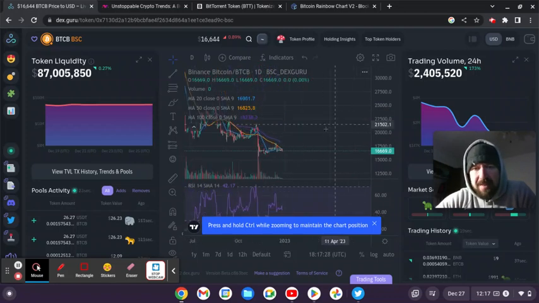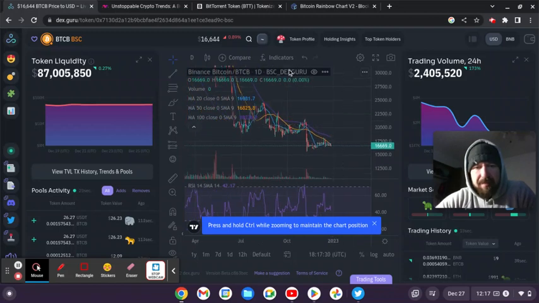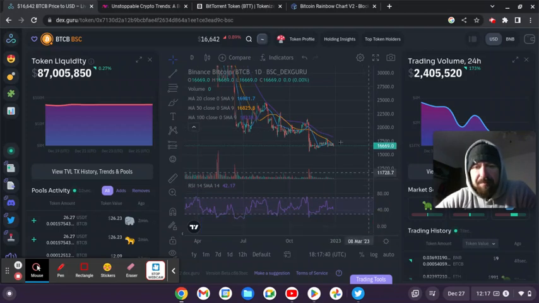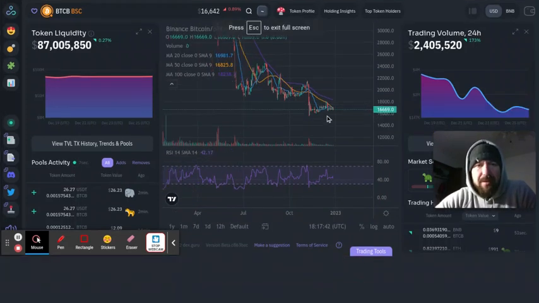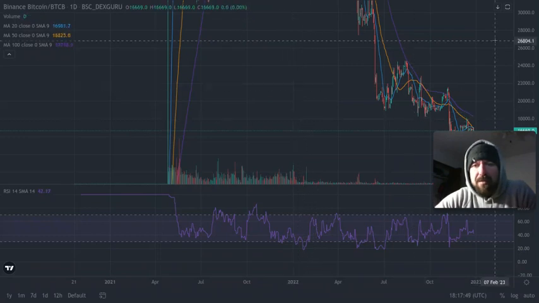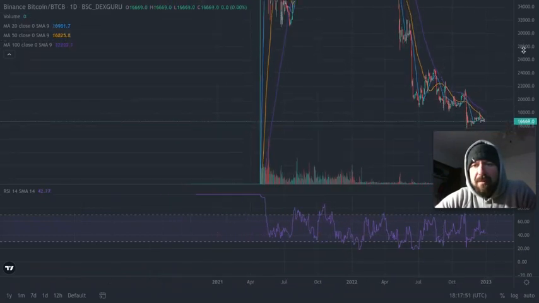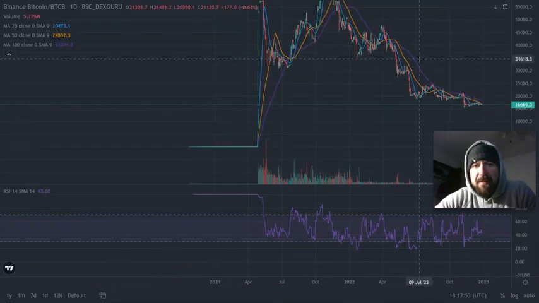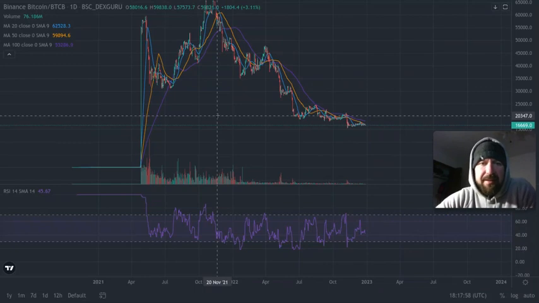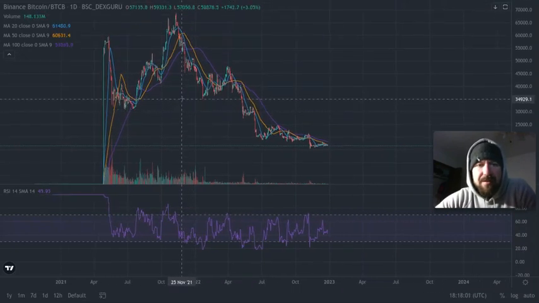I'm sure y'all didn't sit and just listen without seeing a visual. So right here, let me make the screen bigger for you. On this chart, I'm not going to put lines everywhere.